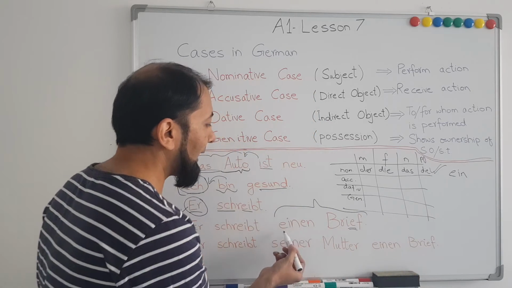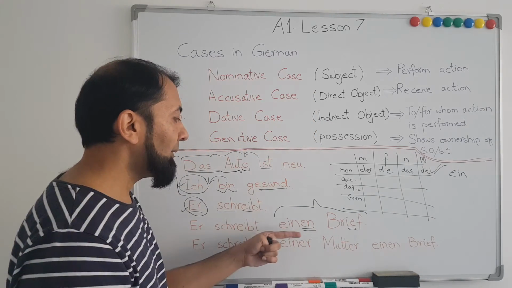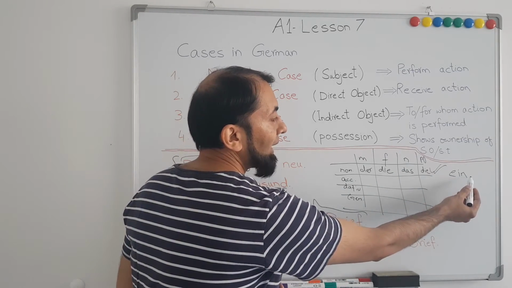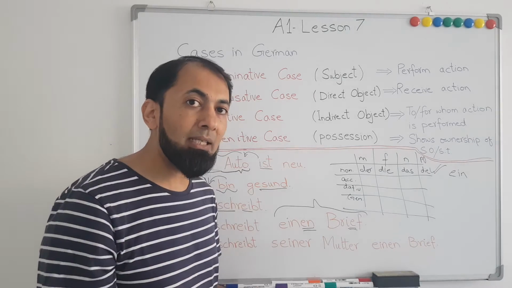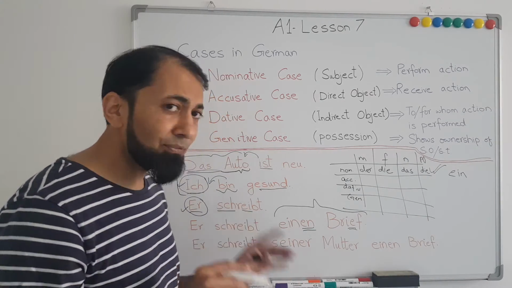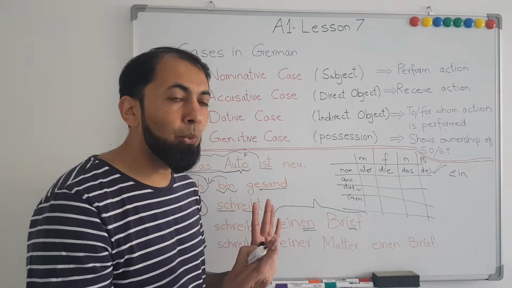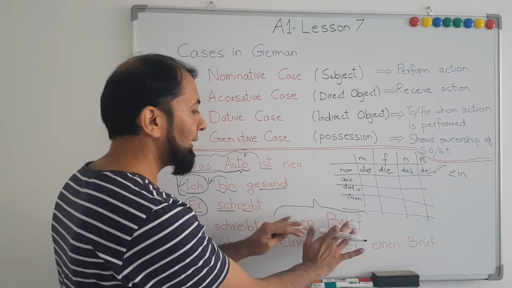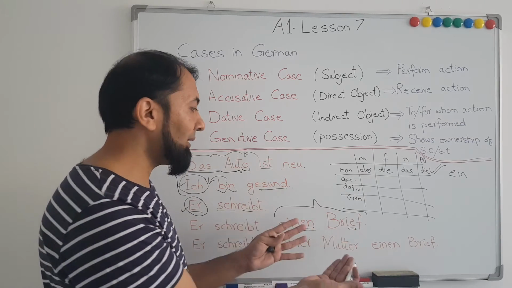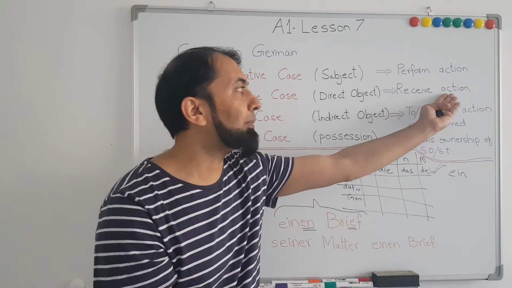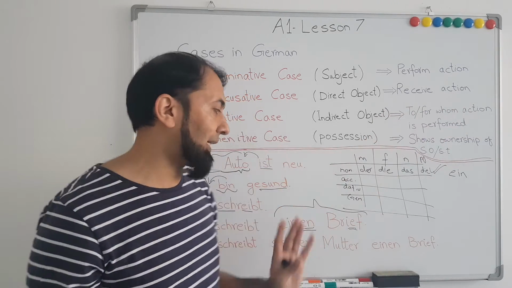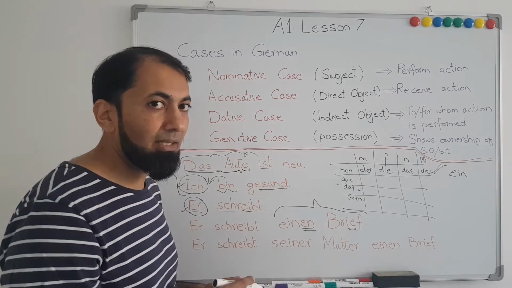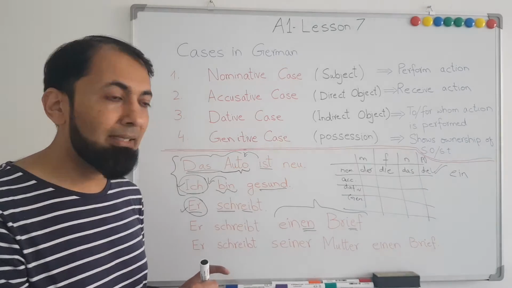But now you see an "en" at the end, which means the "ein" in nominative will change to "einen" in accusative. This we will cover in detail, so you do not need to get yourself confused. Here the focus is on the object on which the action is being performed, or who is receiving the action. Now the action is being performed on "Brief", so it is the accusative part of the sentence.